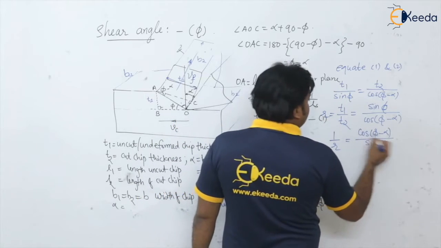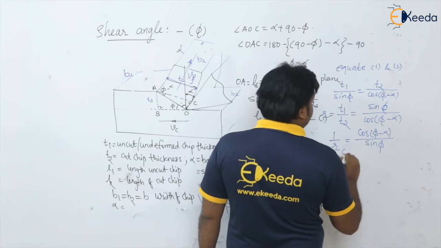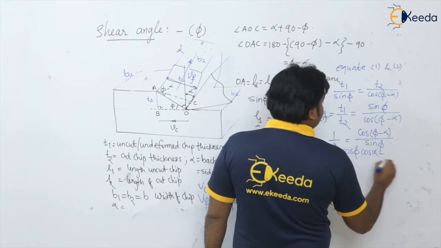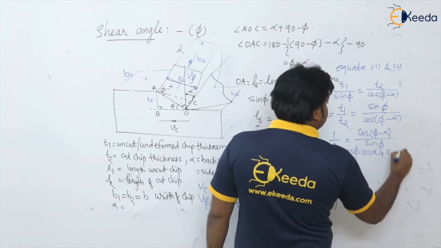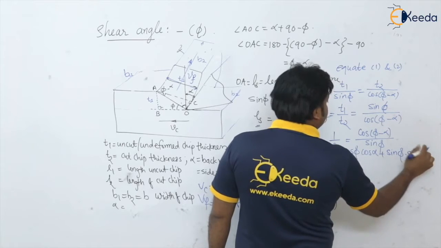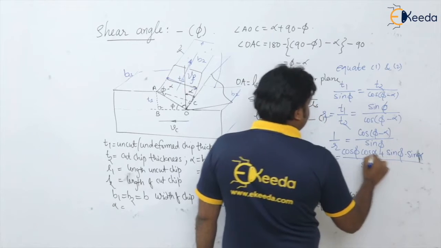Now if you expand this cos of A minus B, that is cos of phi minus alpha, what you can write is cos A cos B plus sine A into sine B, where B is alpha, divided by sine phi.